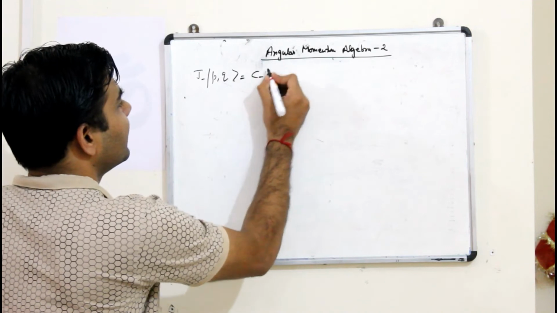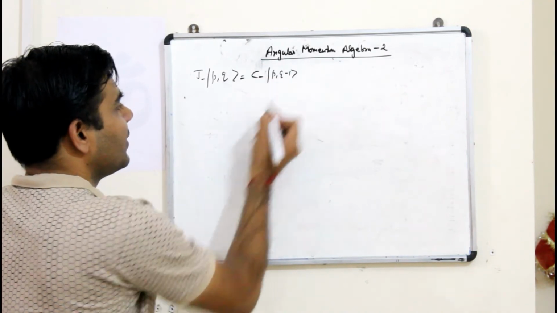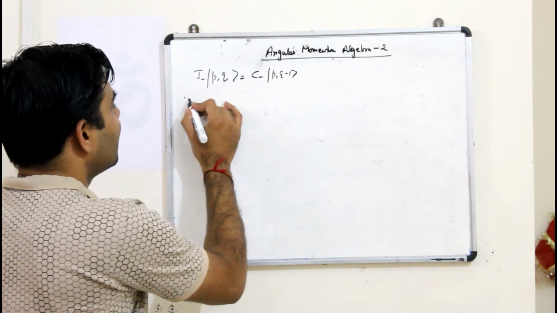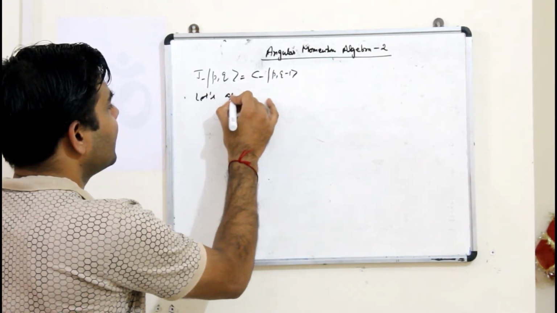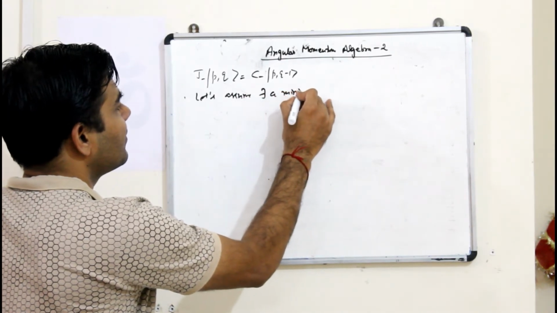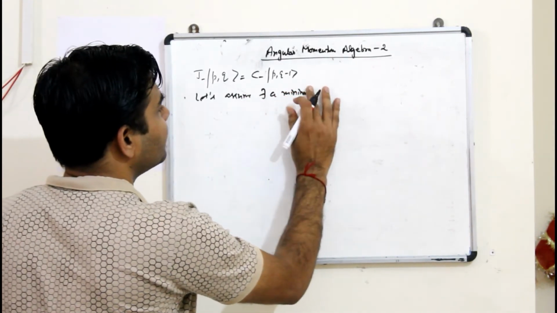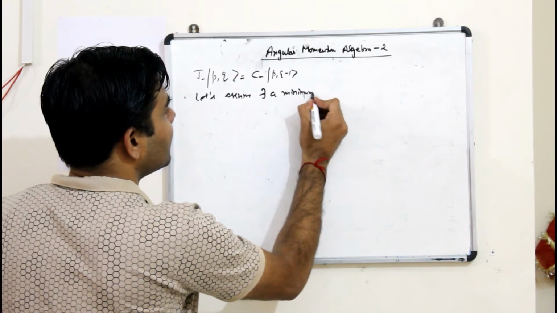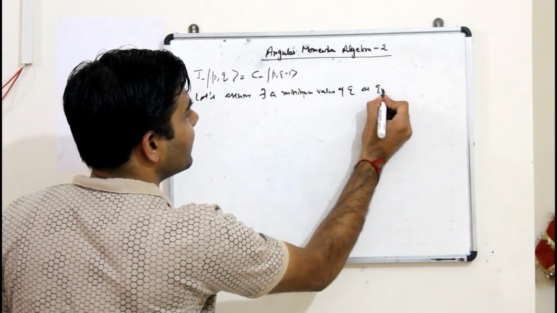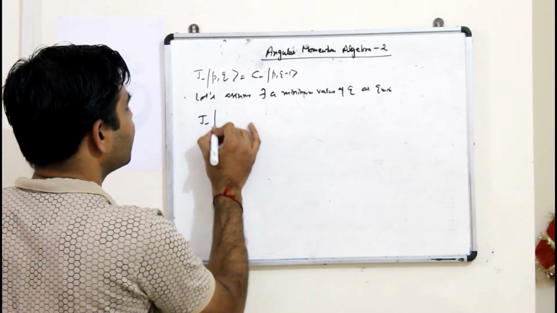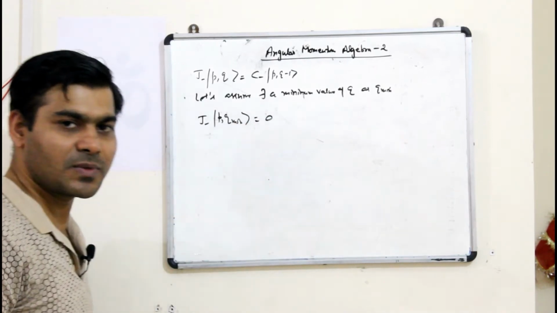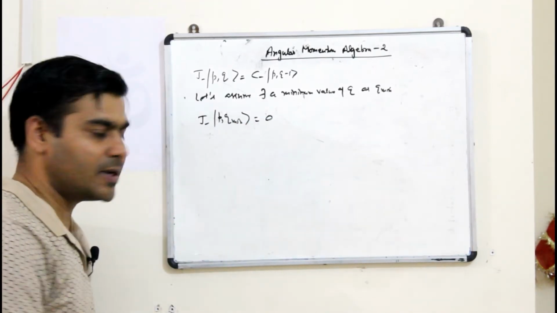But let's assume that there exists a minimum value of Q as Q min. So if I operate J minus on this kind of state, this should give me 0, because Q cannot be further lowered.